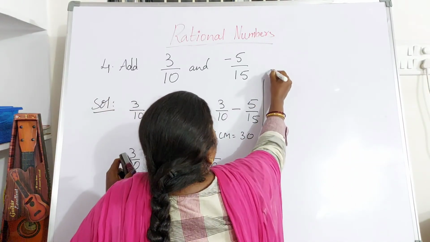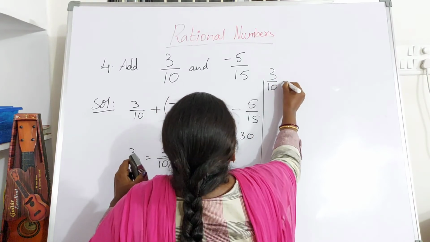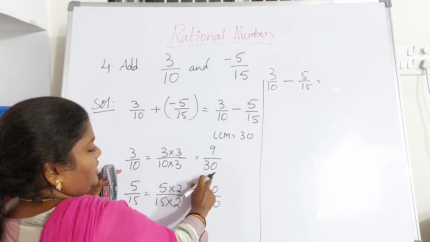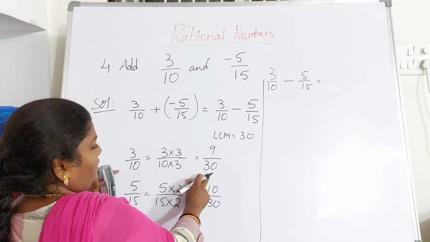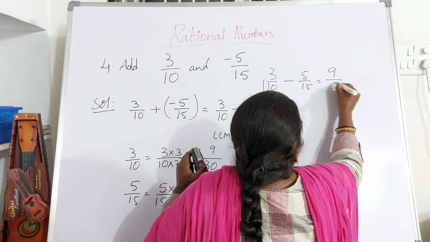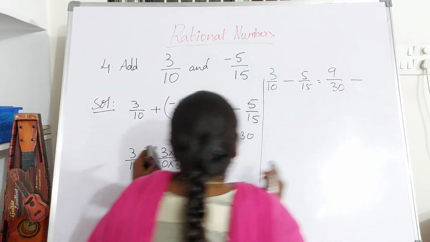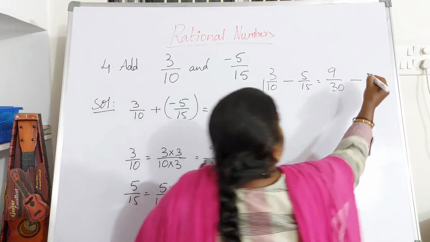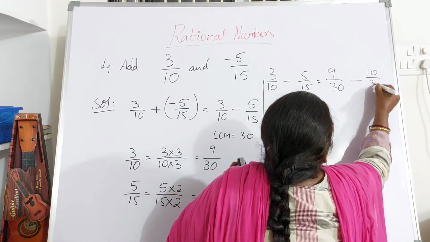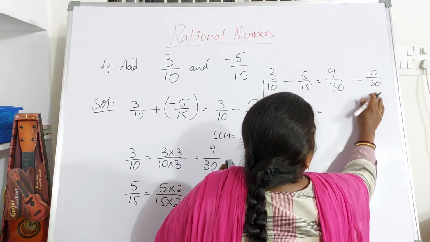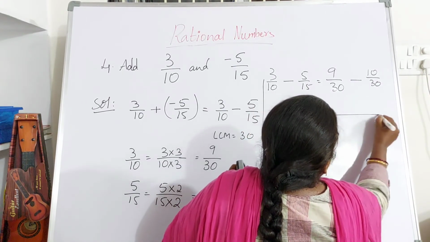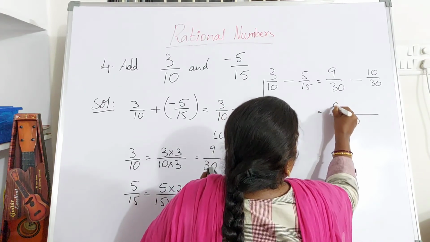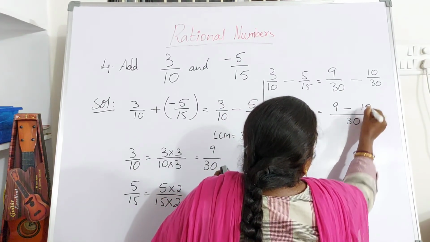So let's continue the addition. Now it is 3 by 10 minus 5 by 15. The equivalent fraction of 3 by 10 is 9 by 30, and minus 5 by 15 is minus 10 by 30. Now both the denominators are the same, so I can write the denominator as 30 and the numerators as they are, that is 9 minus 10.